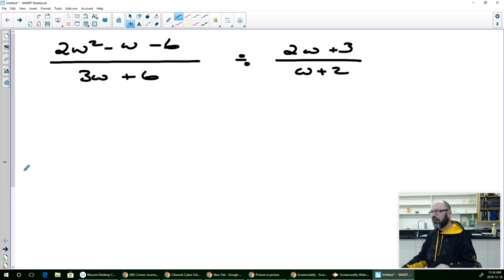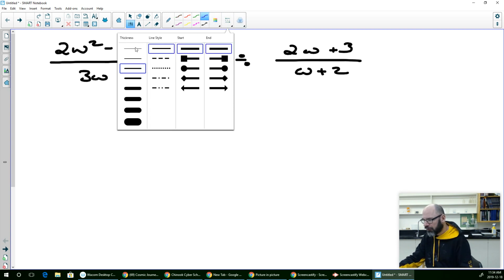Okay, so the first thing that we always have to do is factor everything. This one I'm not going to flip over yet. So factoring this is decomposition. I'm going to do that underneath in blue so that we can see what's going on.